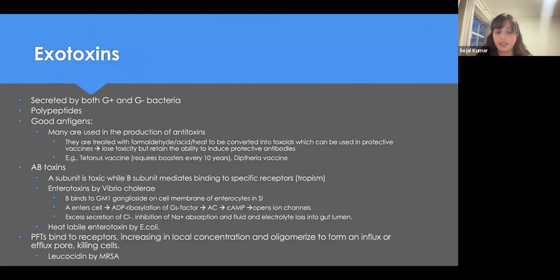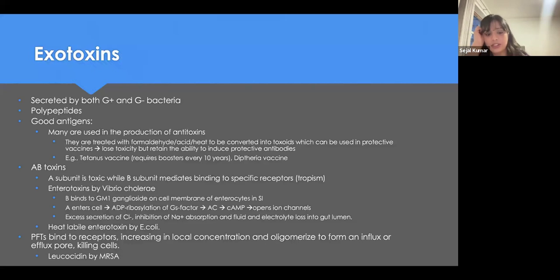The B subunit binds to GM1 ganglioside on the cell membrane of enterocytes in the small intestine. And then the A can enter the cell, cause ADP ribosylation of the Gs factor, leading to an increase in adenylyl cyclase, cAMP, and leading to the opening of ion channels, which causes excess secretion of various ions.